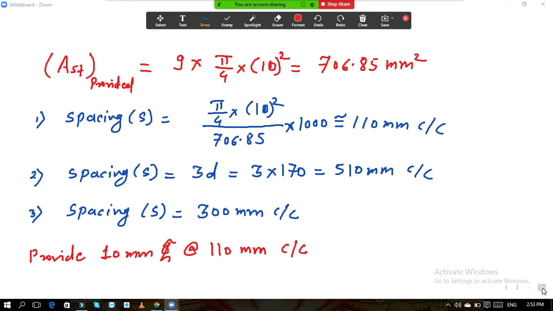Now after this main reinforcement we will go for distribution steel.